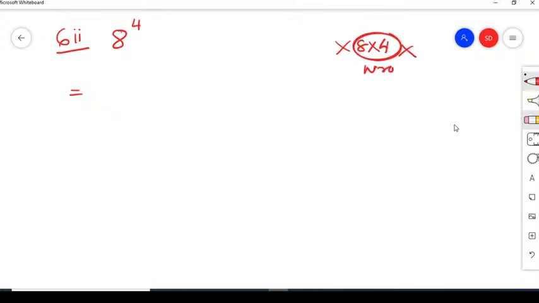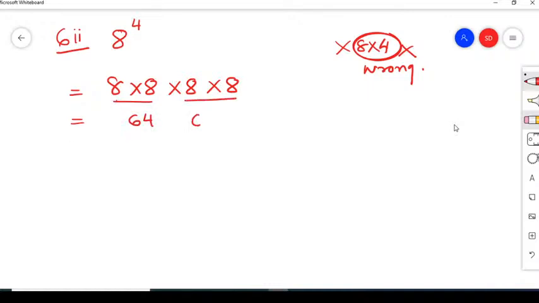Wrong. It is 8 into 8 into 8 into 8. So that's 8 8s are 64, and this is also 8 8s are 64. So that is equal to 4096.